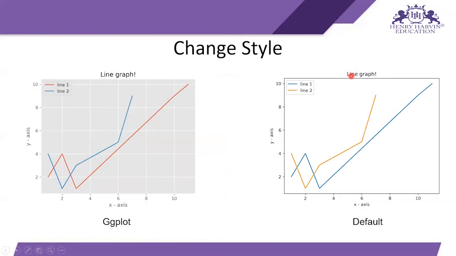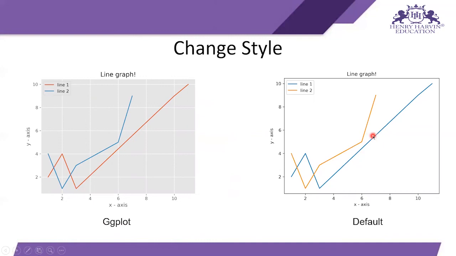Next comes the changing style. As you can see, this is the default style for the matplotlib library. But if you want to change the style to ggplot style, this is the style where you can see the line graph in a different style from the default one.